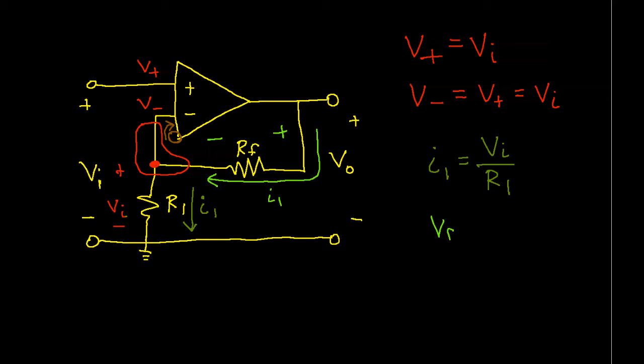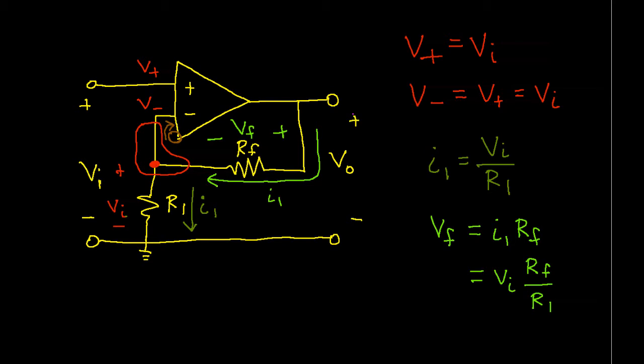So let's call this VF. This is equal to I1 times RF. We know what I1 is, so we can write this as VI times RF over R1. Okay, so we're almost done.